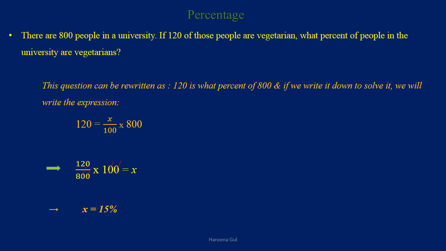If you rewrite this question in a simple way, it is basically asking: 120 is what percent of 800? Written as an equation, we get 120 is equal to x over 100 into 800. When we simplify it, we get x is equal to 15%. This means that 15% of the people in the university are vegetarians.